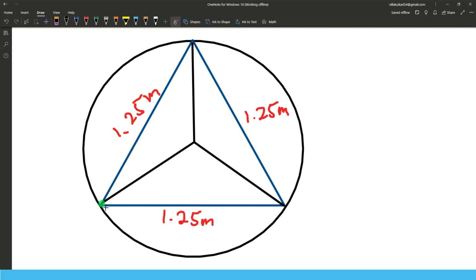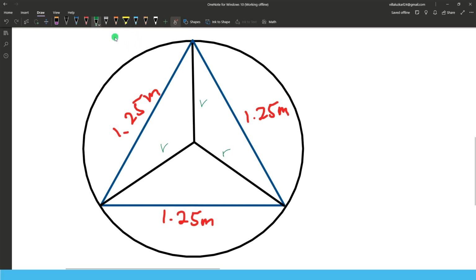The location of the center of a circumscribing circle on a triangle is called the circumcenter. This is the radius r, and r. So how to compute r?